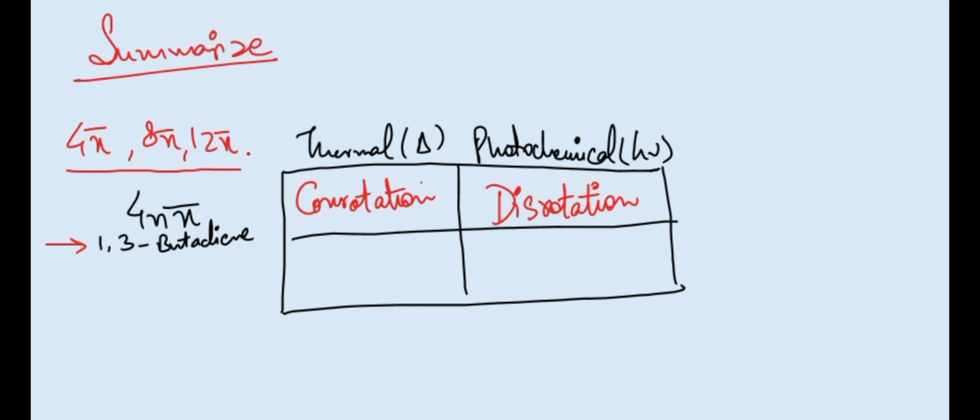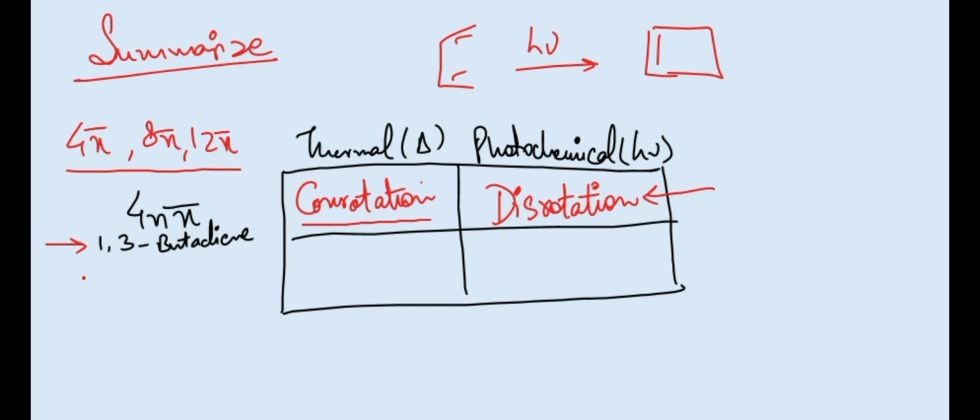Whenever we do a thermal reaction, in presence of heat, we get a product, and that product is formed by conrotation. But if we do this reaction in presence of hν, in presence of light, then the process occurs through disrotation.